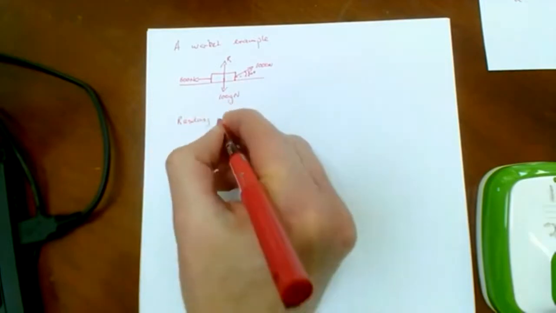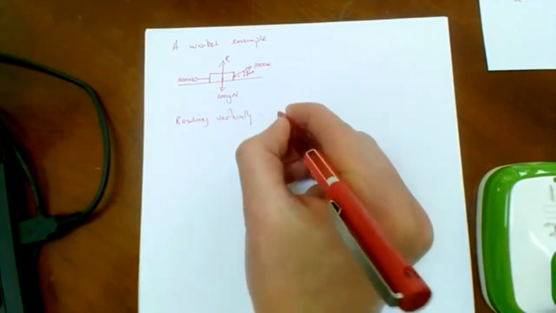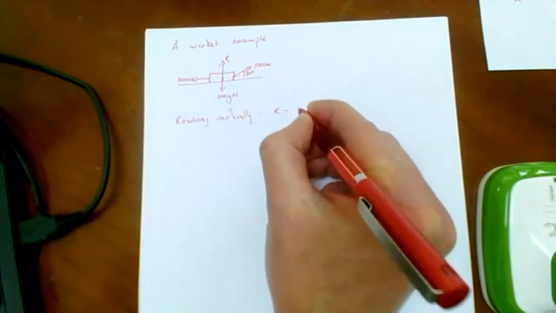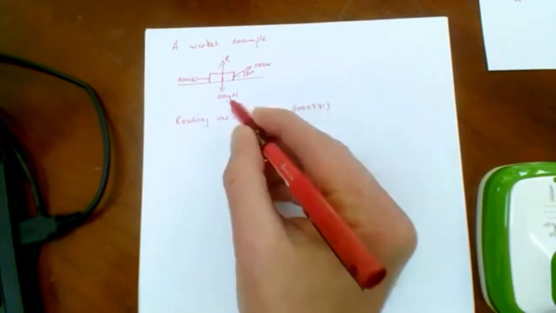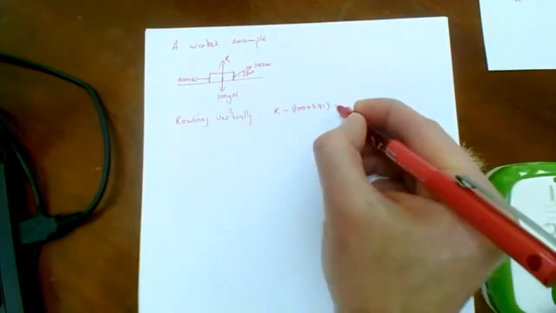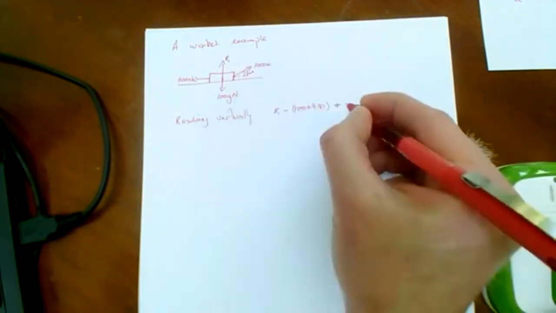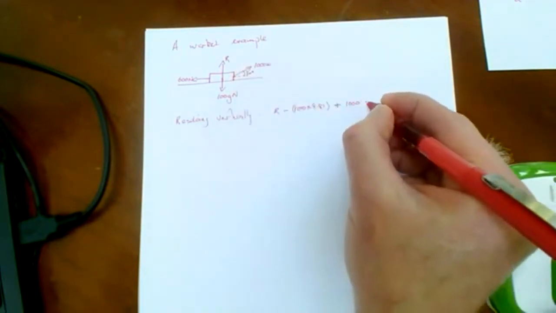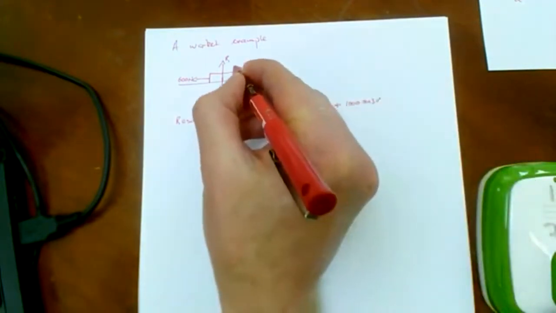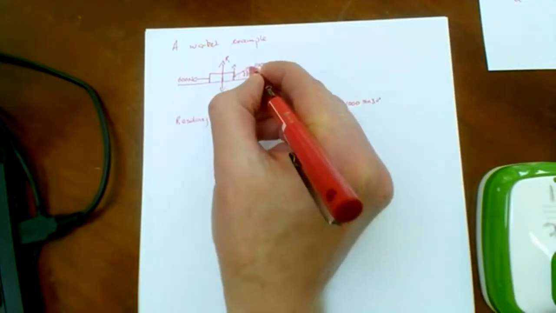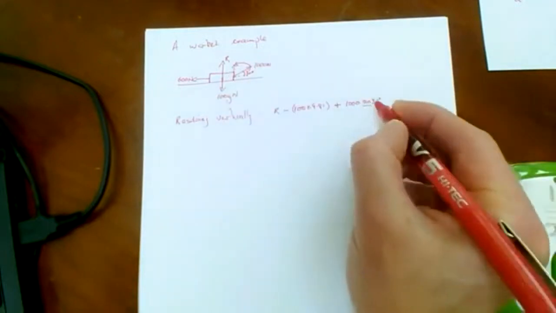If we resolve vertically, we would have R minus 100 times 9.81, which is that, plus the component of the 1000 vertically, well, that's 1000 sine 30 degrees, because if you remember what I said was we want the vertical component, so we have to rotate away from the angle to get to the vertical, and that means we use the sine of the angle.